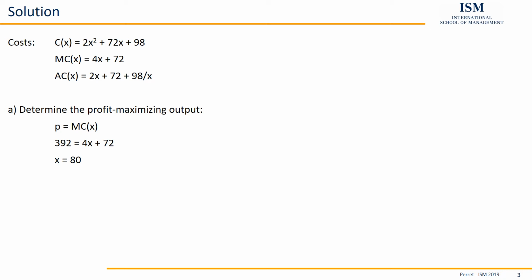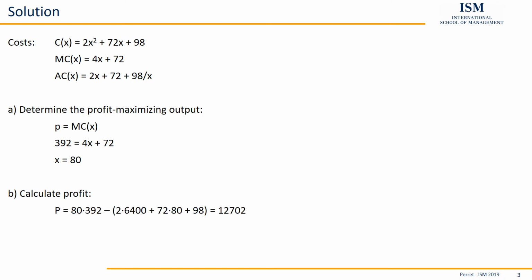Well, we have the price, we have the quantity, so we can also calculate the profit of a company in this situation. For this, we remind ourselves of the definition for profit, that's revenues minus costs, and revenues is quantity times price. So here we go: 392 times 80 minus, and then we insert the quantity x into the cost function.